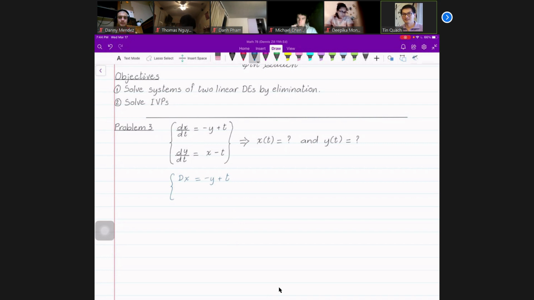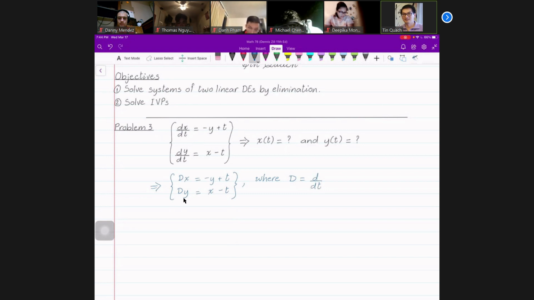So when you write the D, it means the derivative with respect to t. Okay, so that is what your original system gives you. So let's make a note. Okay, so you want to make a note, where the D operator is actually the derivative with respect to t.